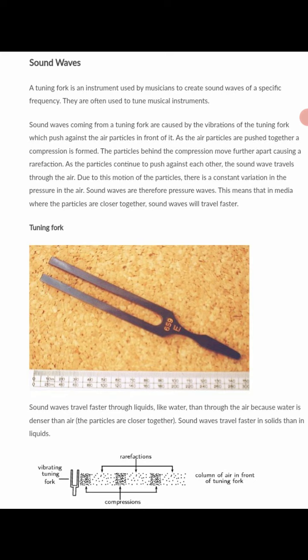The closer the particles are, the faster the sound waves will travel. So what can we bring out from there? Sound waves travel faster in a region of compression. The more compressed they are, the faster they move.